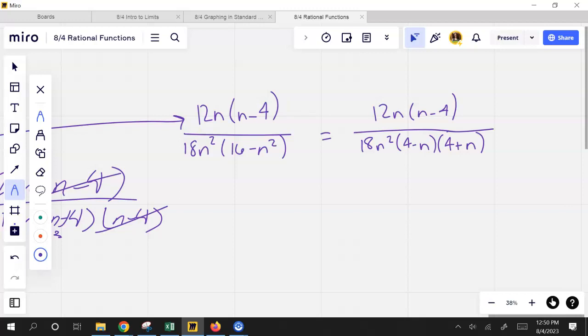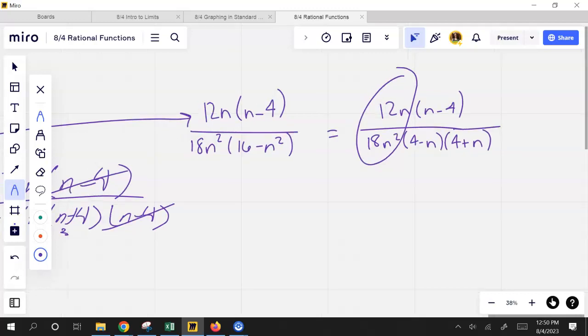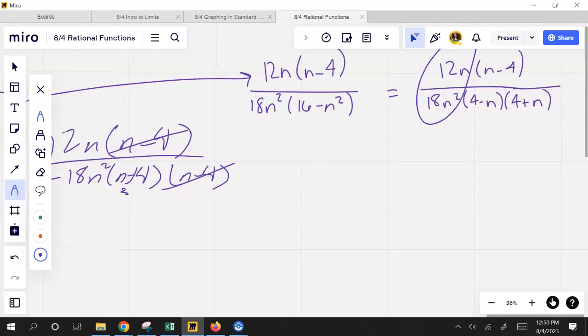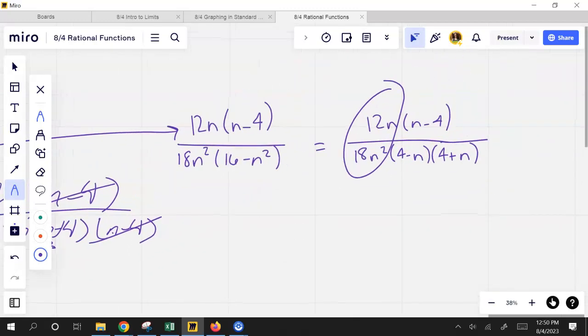Now, if I want to simplify this a little bit, fine, go ahead and do it. I hadn't got there yet. Notice the order of mine is different. Sunny's got n plus 4, I've got 4 plus n. n minus 4, 4 minus n. They're backwards right now, but I'm going to fix them in just a minute.